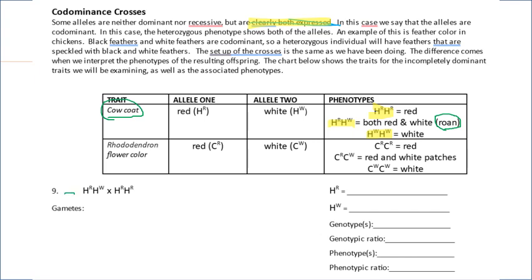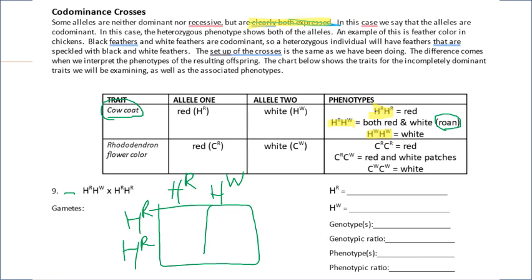We're going to go HR, HW, HR, HR, and we're going to do a Punnett square for this. Remember, HR is going to be the red, and HW is going to be the white allele. It's going to be kind of tough to do this. My cursor is a little tricky here. So this would be HR, HR. Too bad we couldn't copy and paste, right?